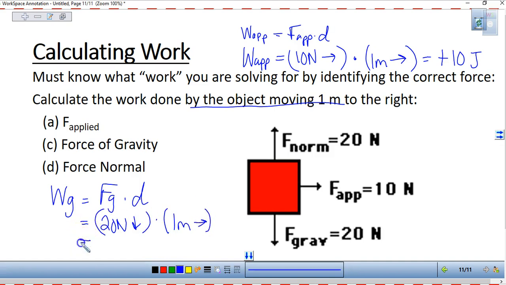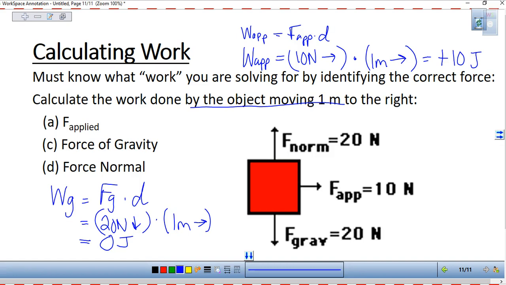What do you notice about the arrows? They're perpendicular. So what does that suggest? No work. Exactly. Why is the meters going to the right instead of down? The reason is because it's talking about the work done by the object moving to the right with one. So that comes from the description, exactly.